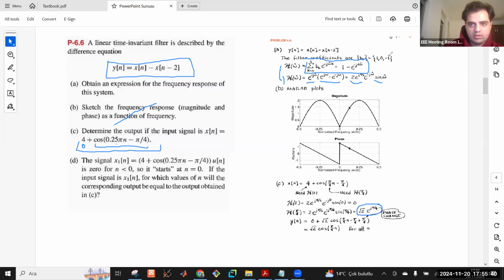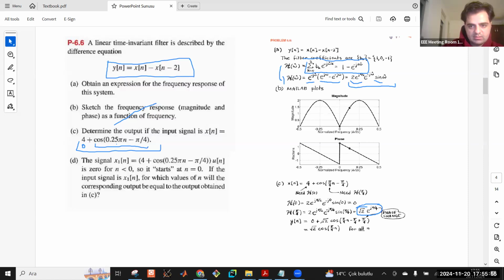When we put pi over 4 in this expression, we get this value. Here we see that the magnitude changes by square root of 2 and phase changes by pi over 4.